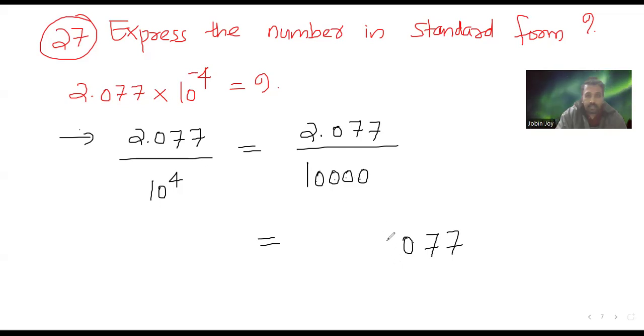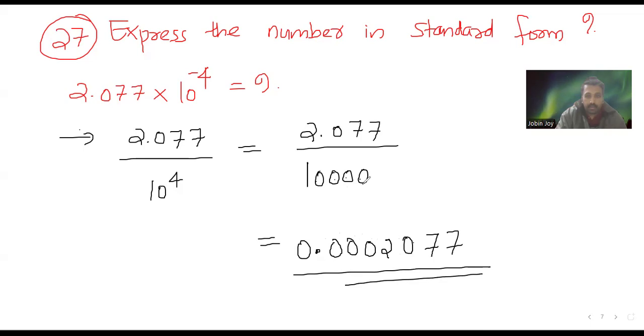So that means 0.1234. 1, 2, 3, 4, right? Okay. So after decimal, so this is the point, right? Decimal 1, 2, 3, 4. Yes. So the answer is 0.000 2077.